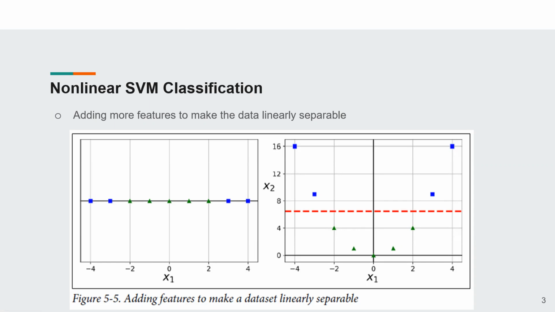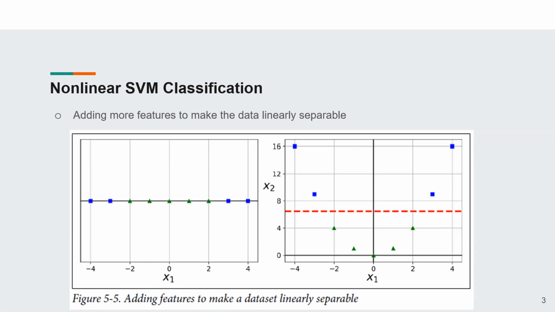However, what you can do is add more features to the original dataset to make the dataset linearly separable. In this case, if you look at the right-hand side, not only the x1 dimension but also the x2 dimension. On the left-hand side it's only the x1 dimension, but on the right-hand side you introduced one more feature, which is x2.